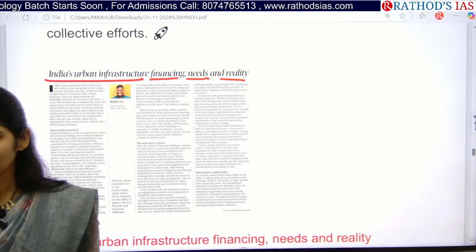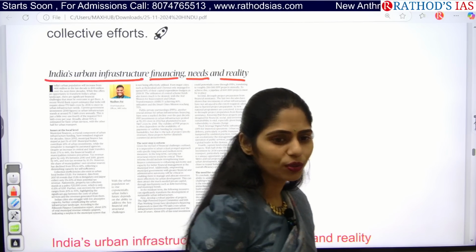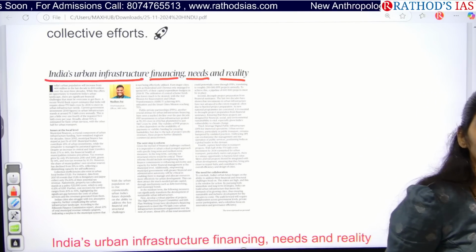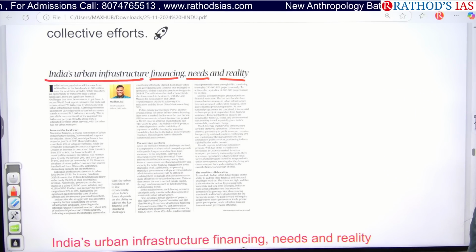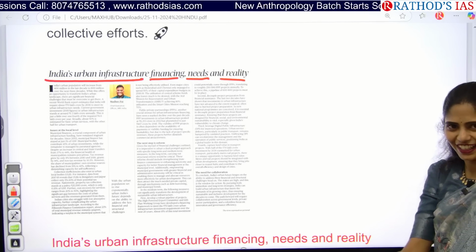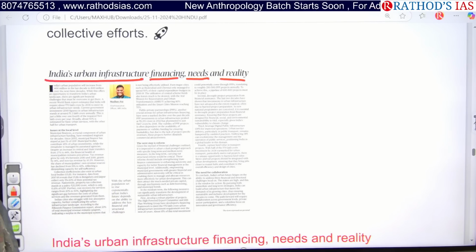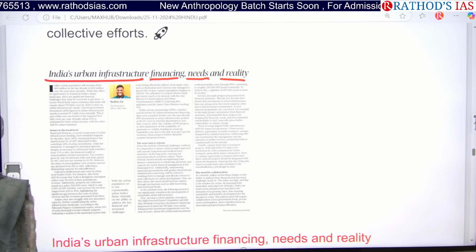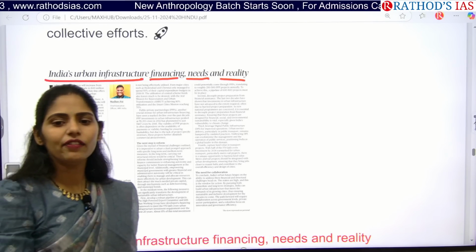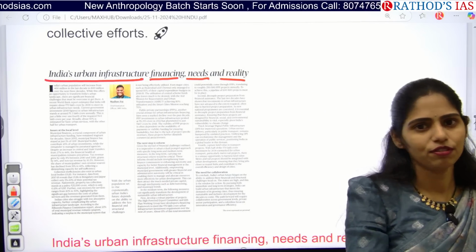Infrastructure, yes, agriculture. Agriculture is a primary activity in rural areas. And what is the primary activity in urban areas? Secondary sector and tertiary sector, and the service sector is nothing but the tertiary sector. So industries and service sectors are the primary economic activities in urban areas. And infrastructure-wise also, we have advanced infrastructure in urban areas compared to rural areas.